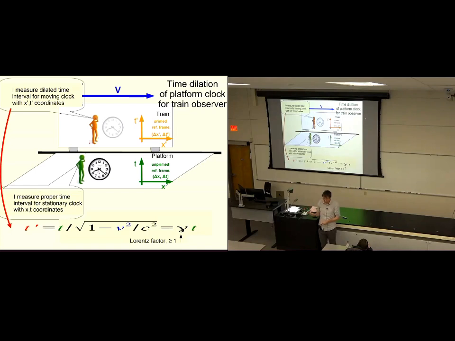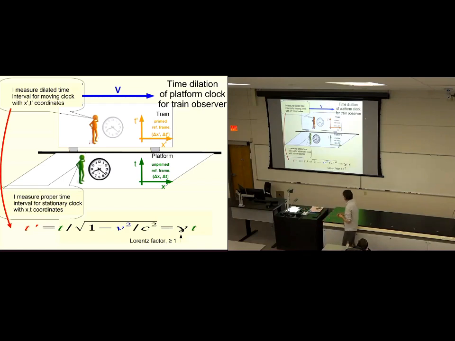The key thing in relativity about time measurements is this feature I called time dilation. Time dilation is an effect that occurs when you measure a time interval between two events. The time interval between two events might be the time between two ticks of a clock. That's the example we're going to think of. Time dilation occurs when those two events are at different locations, for example, if the clock was moving.